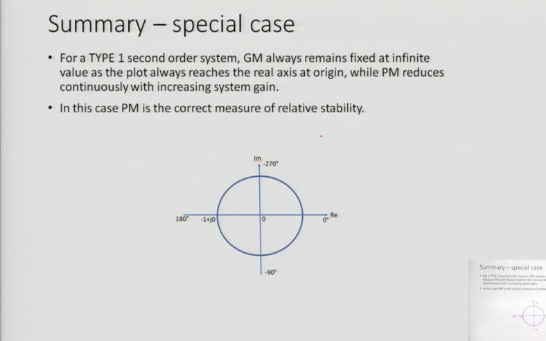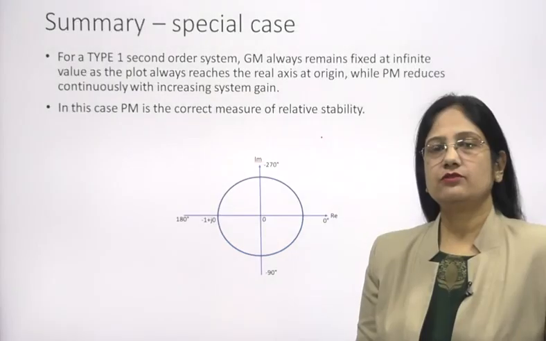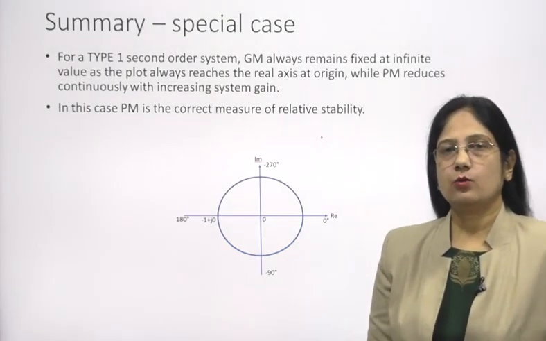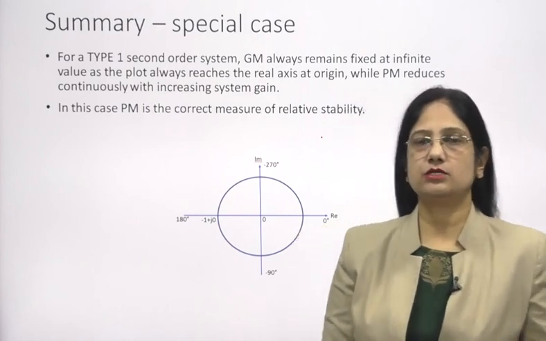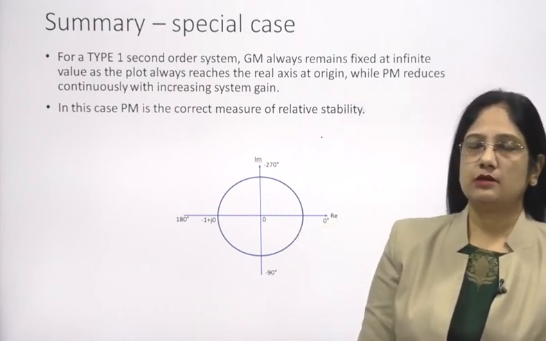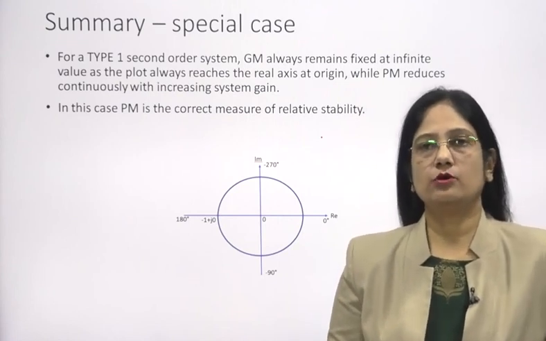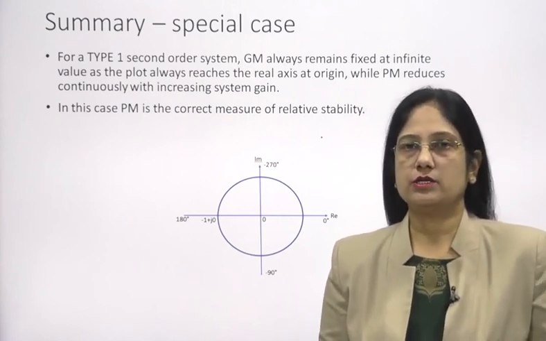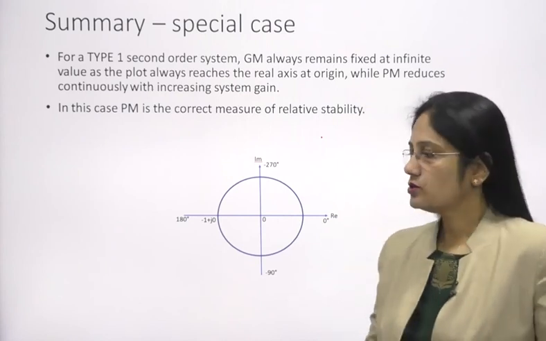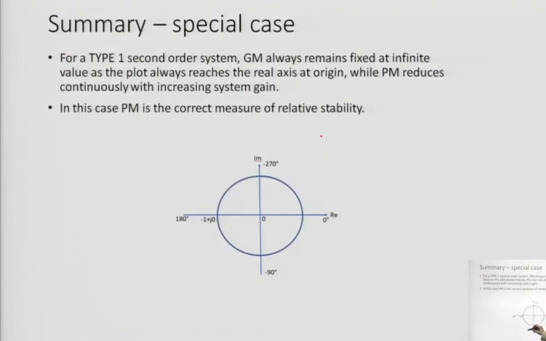It is positively measured. That is just an exception. What we talked about, the gain margin and phase margin, is important to test or understand the relative stability of a system. Now, for example, we have a type 1, second order system. Type 1 system means there is a pole at origin and there is one more pole which is not at origin. For such a system, the polar plot will look something like this.